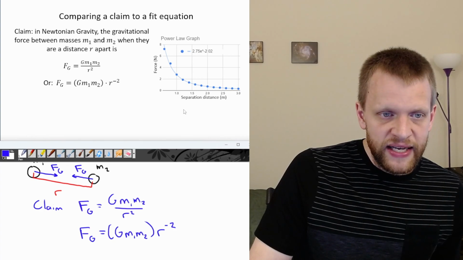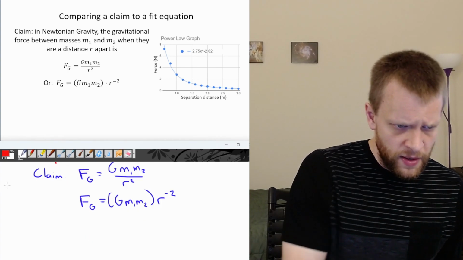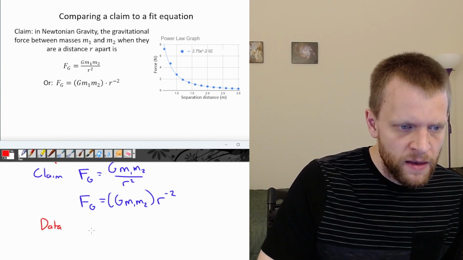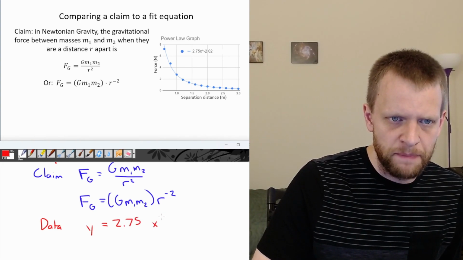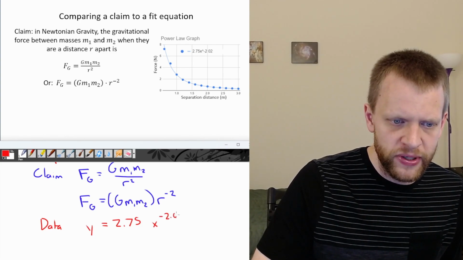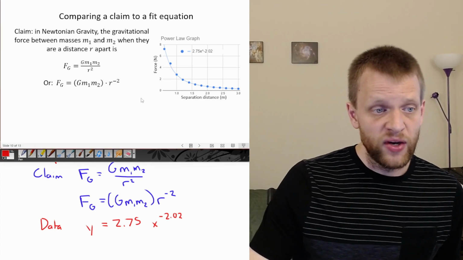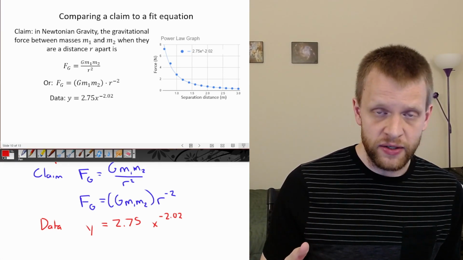And let's say I get this particular pattern. I measure this, and when we look at our data, we have y is equal to, in this case, 2.75 times x to the power of negative 2.02. And we want to evaluate whether or not our data supports our claim.